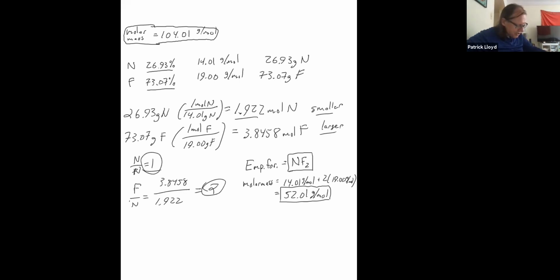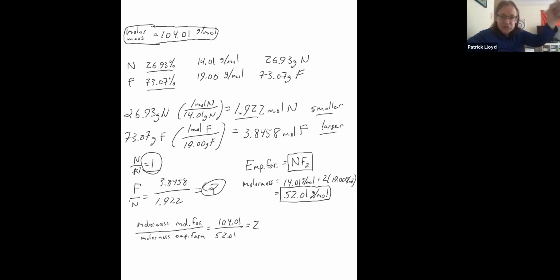So what you do is you take a molar mass ratio. For the molecular formula, divided by the molar mass of the empirical formula. So that is 104.01 over 52.01, and that's 2. That tells you the molecular formula is twice as heavy.